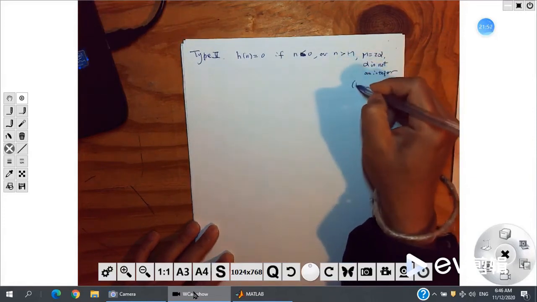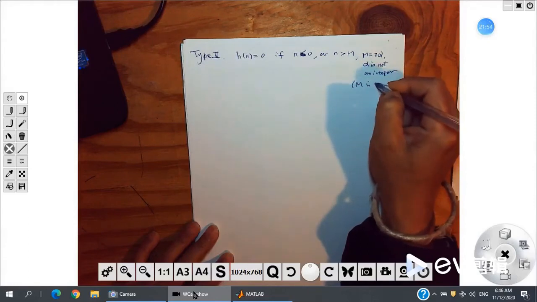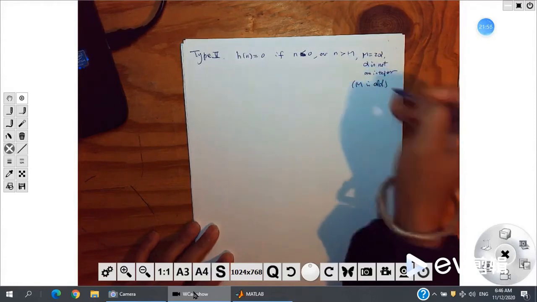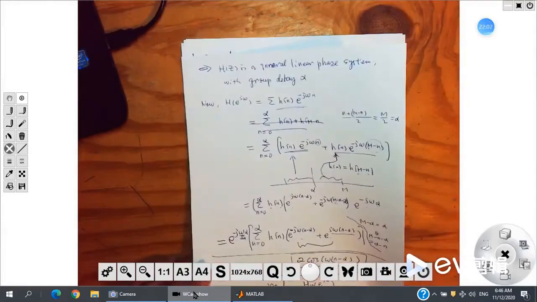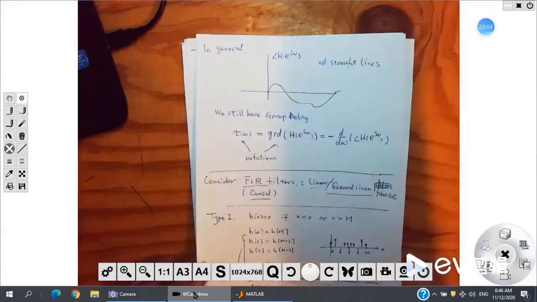That means m is odd. And for type 1, we can say m is even.